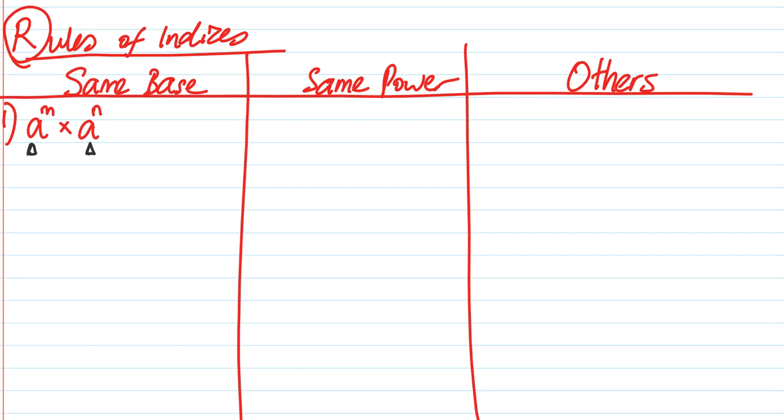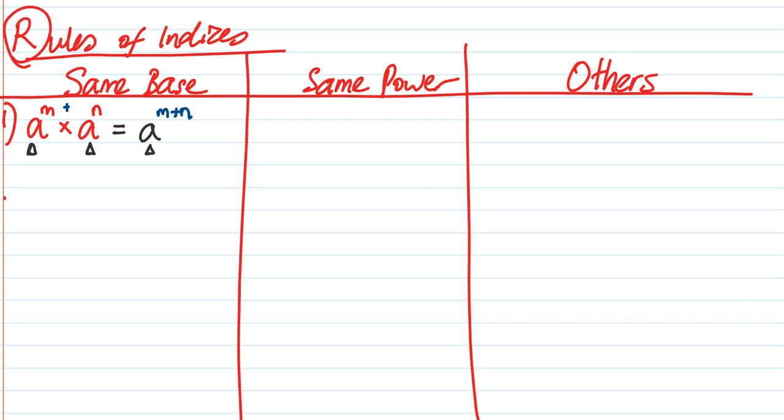They are different, but if it's the same base, multiply, what we're gonna get is a, which is the same base, and multiply just means add the powers, so it's m plus n. Alright, so that is the first rule. It looks a bit weird at first, but let's give you some examples later.